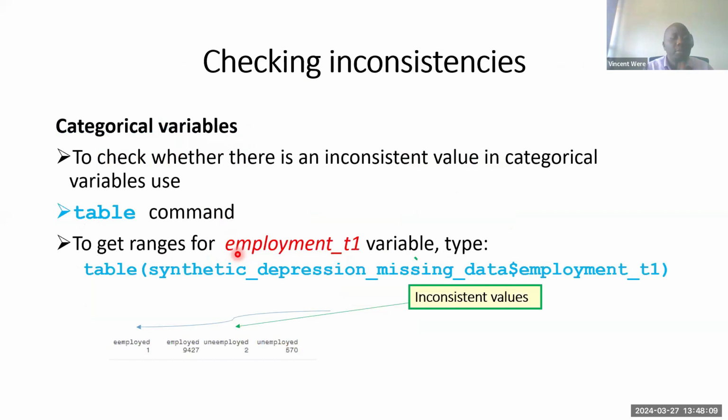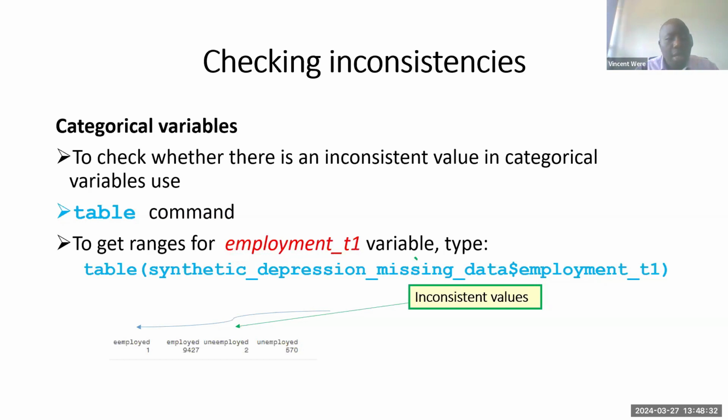So the command table is going to help us run frequencies. Anytime you want to know how many people are male, how many are female, you just use the command table. It doesn't give you the percentages, just the absolute numbers. So we are going to look at how we can use it to check inconsistencies.